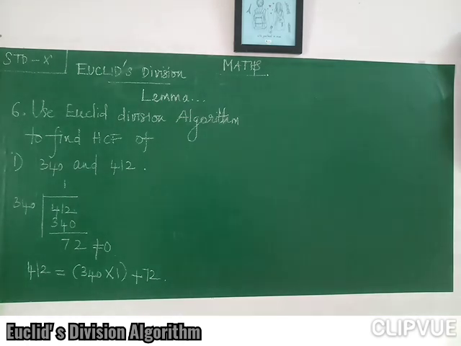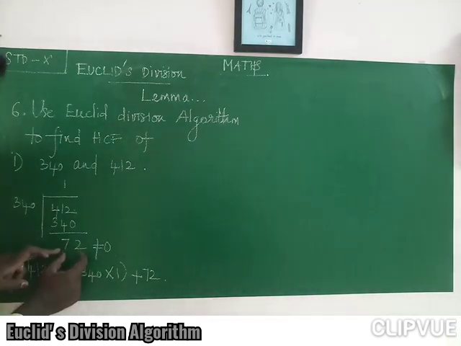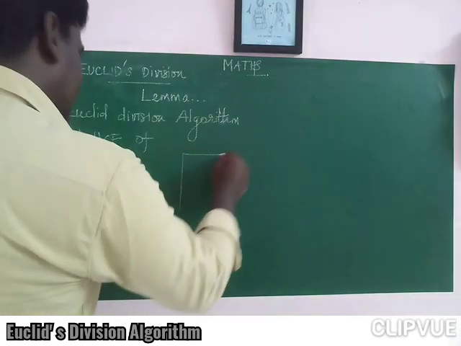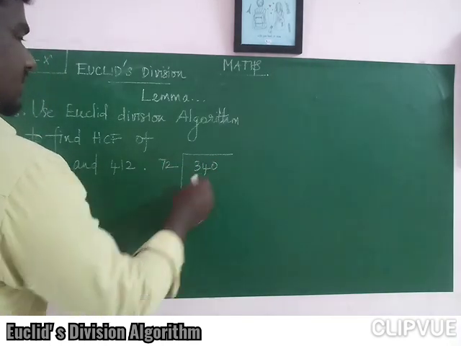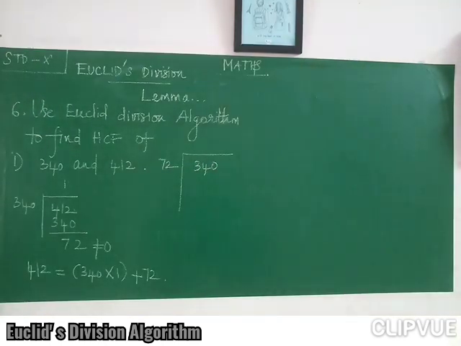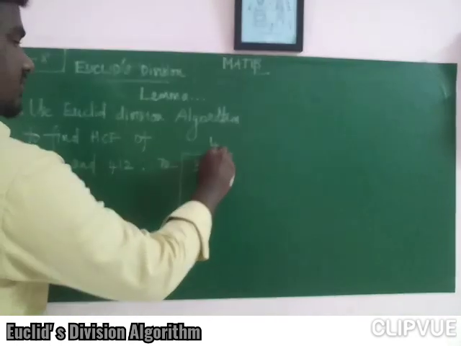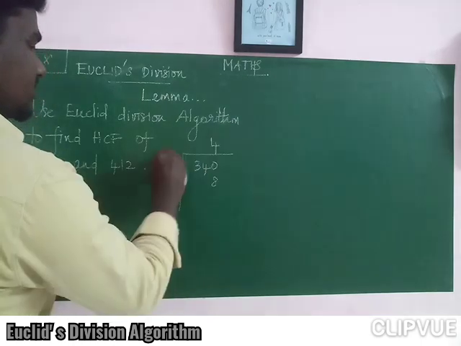The next case. Now I am going to take this remainder 72 as the divisor. This 340 will be the dividend. So how many 72 are there? You just assume that 70. So if you take 70, how many 70s? 4 times is 28. 5 times means 350, so 4 times only come. 4 2s are 8, 4 7s are 28.